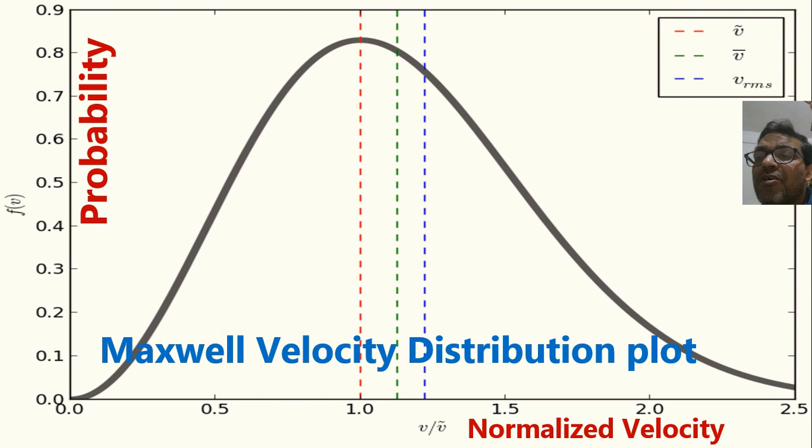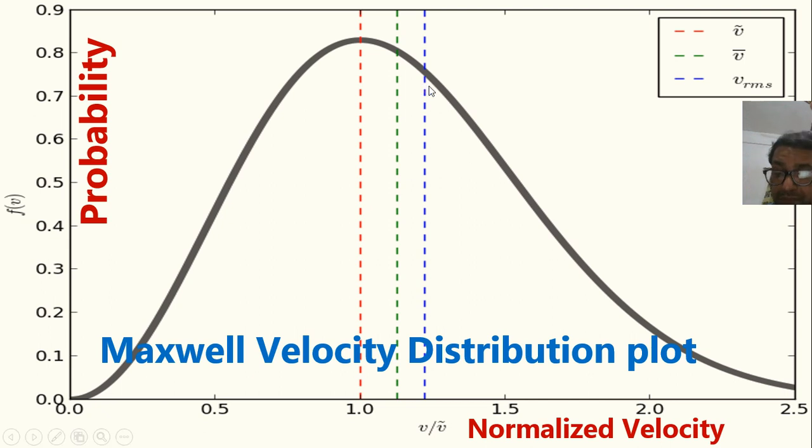If we look at the probability and the normalized velocity, then in the Maxwell velocity distribution, the red dot is the most probable velocity, the green one is the average velocity, and the VRMS is the velocity, root mean square velocity. That means most of the molecules are moving with this speed. It is not the maximum number of molecules with this velocity, but it is mostly.